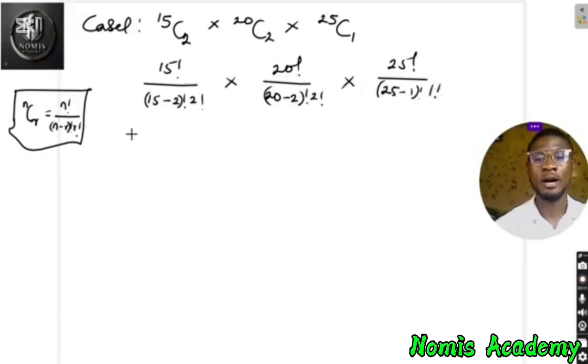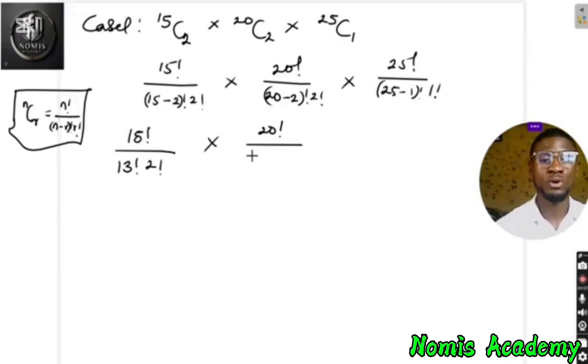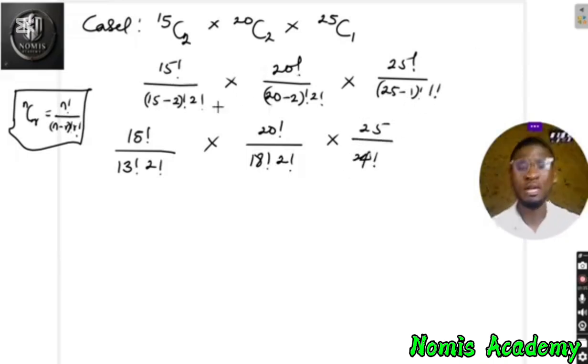Here we have 15 factorial over 13 factorial times 2 factorial, then 20 factorial over 18 factorial times 2 factorial, multiplied by 25 factorial over 24 factorial. 1 factorial is just 1, so we can leave it.